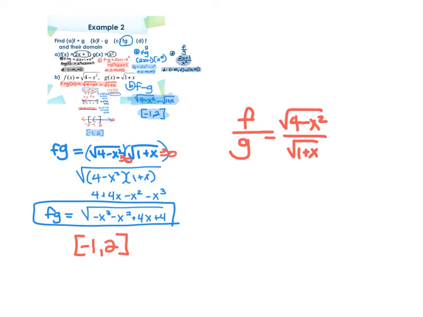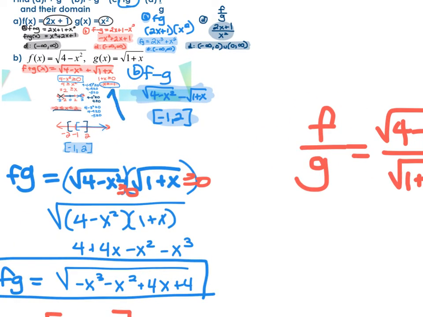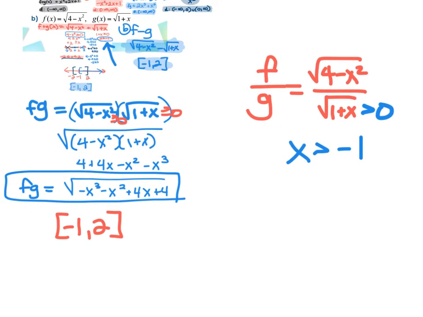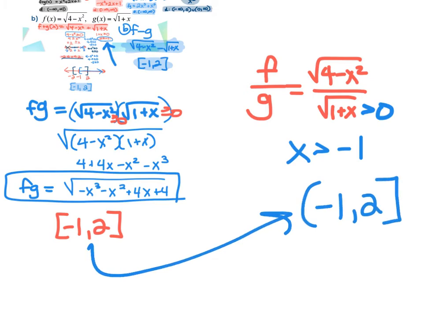Well, this now has to be greater than 0, which means, if I go back to this work here, it would have to be greater than -1, not equal to it, which means I just take this -1 and change it to a parenthesis. So all we've done by putting it in the bottom is rule out whatever makes the bottom 0, which makes it a parenthesis instead of a bracket.